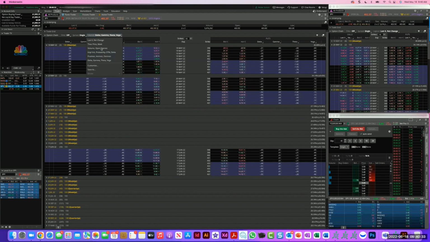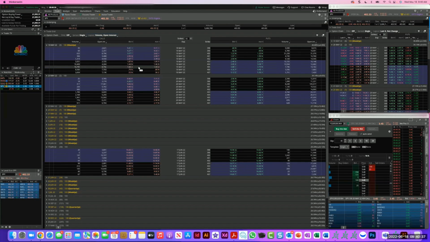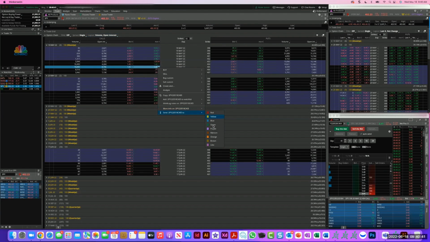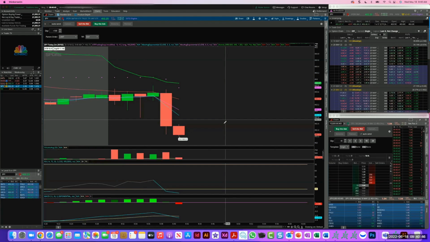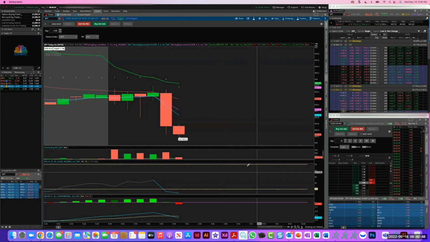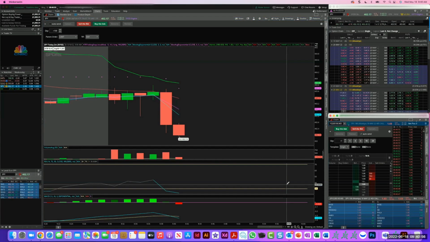We have a lot of open interest and volume at the 405 level. So we're going to look there at 405. So the 405 SPY call is what we're considering. And we're just keeping our eyes peeled here for an opportunity.